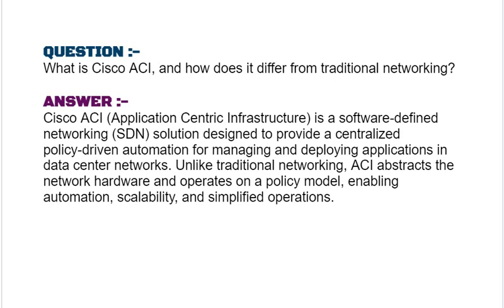Your answer should be Cisco ACI, that is Application Centric Infrastructure, is a software defined networking SDN solution designed to provide a centralized policy driven automation for managing and deploying applications in data center networks. Unlike traditional networking, ACI abstracts the network hardware and operates on a policy model enabling automation, scalability, and simplified operations.